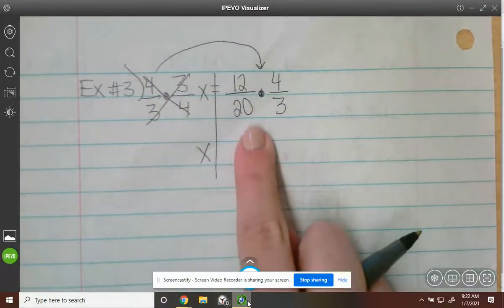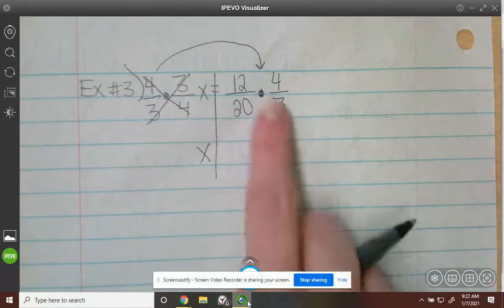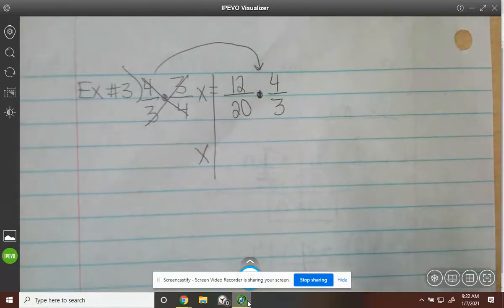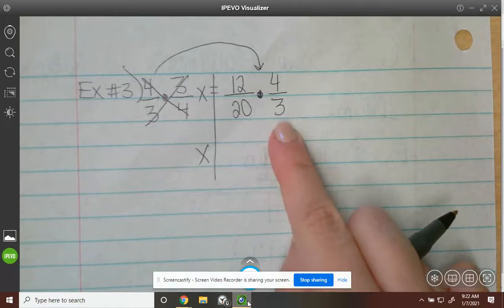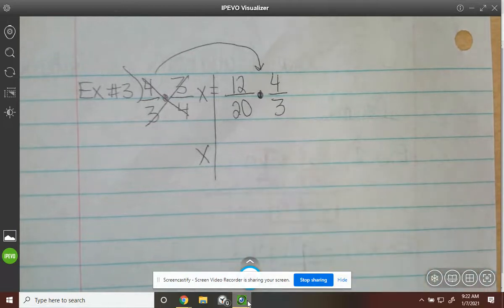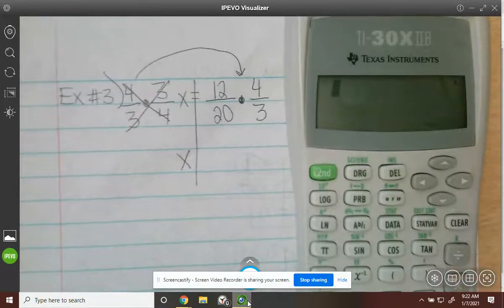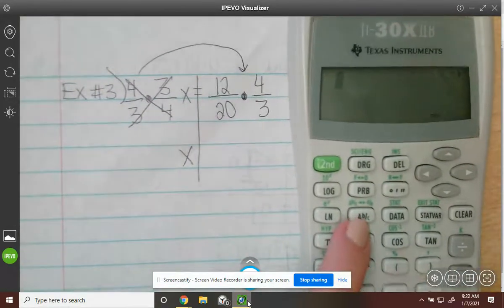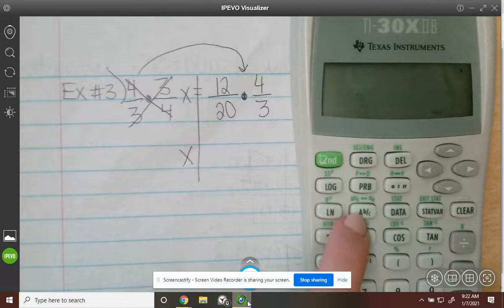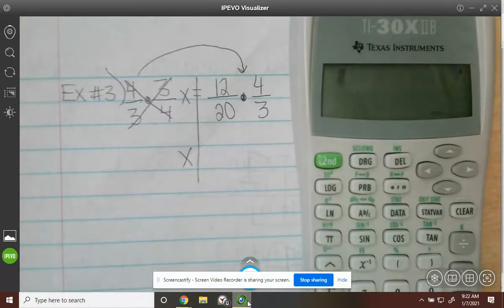Now this side, you can do that by hand. I'm fine with that because it's actually pretty easy. You can simplify it all. But I want to show you how to do this in a calculator, okay? So every calculator, well, not everyone, but if it's a scientific one, it should have an ABC button like this.